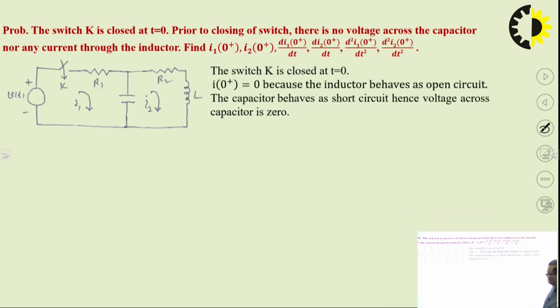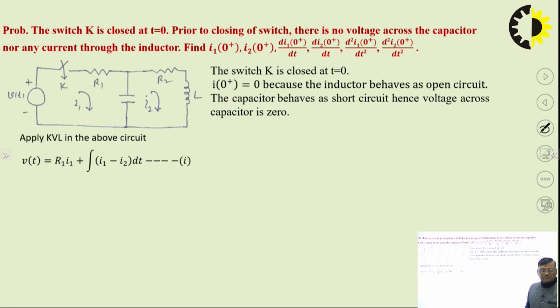So, the switch is closed at t equal to 0+. At t equal to 0+, i(0+) is 0 because the inductor behaves as an open circuit and the capacitor behaves as a short circuit. Hence, the voltage across the capacitor is 0. So, apply Kirchhoff's voltage law, KVL, in this; this is the equation for any time t.